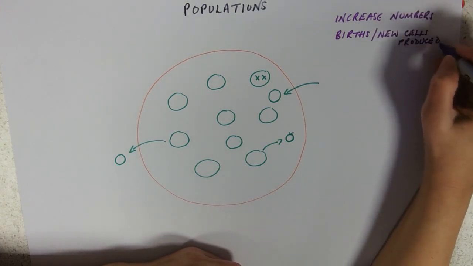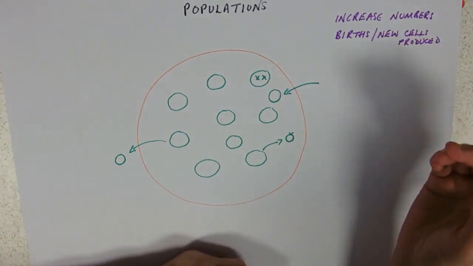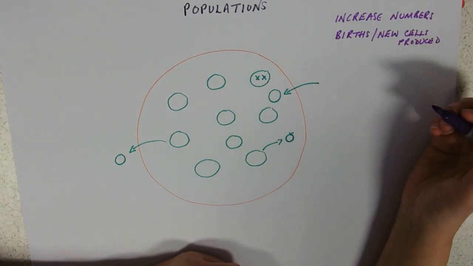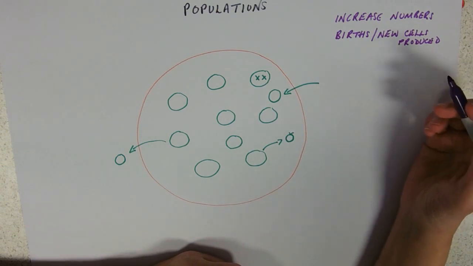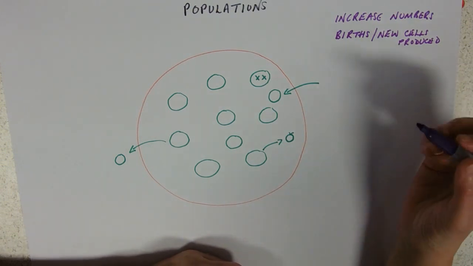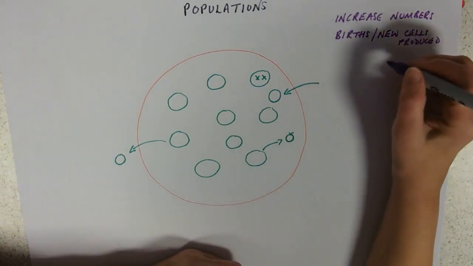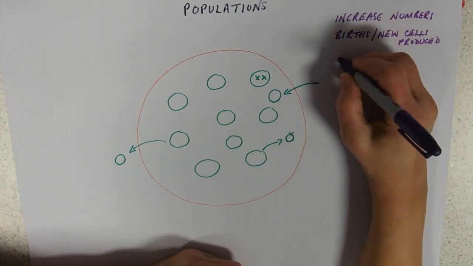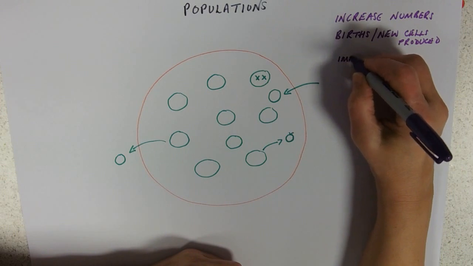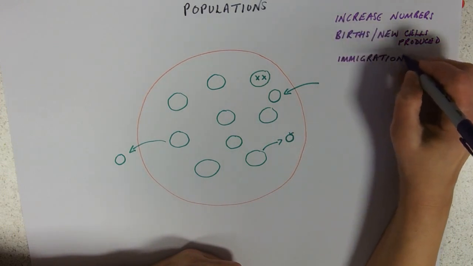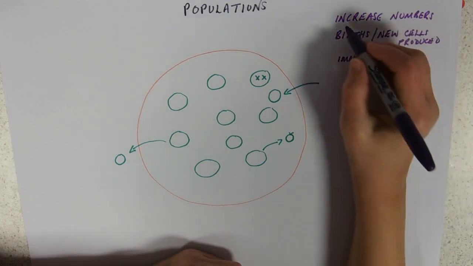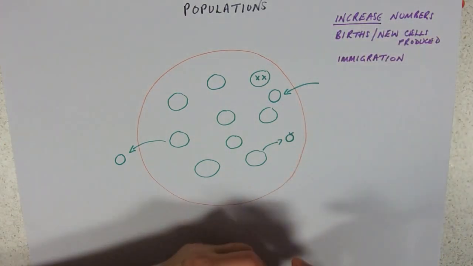And you do need to think very carefully. You need to use appropriate terminology, so you wouldn't refer to a bacterium as giving birth. I'd confine that to animals if I was you. So we've got births and we've got immigration. And they're going to add to the population and cause an increase in population.